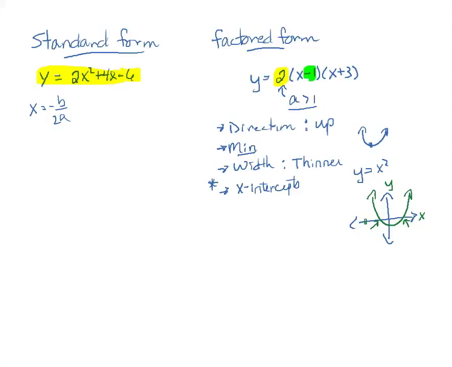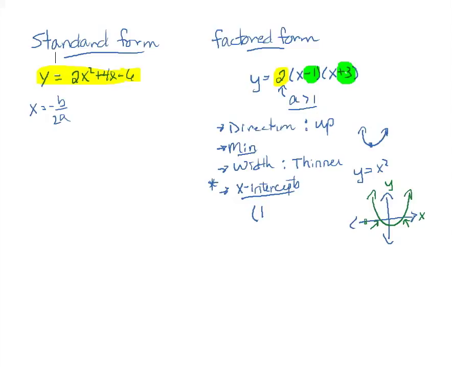Factored form will give you your x-intercepts, and they're highlighted here. What you need to remember, though, is that these x-intercepts are always the opposite values. So our x-intercept would be 1, so not negative 1.